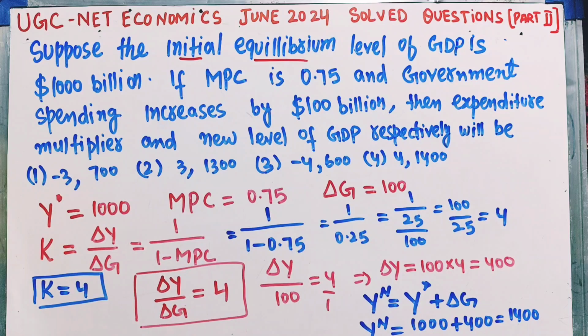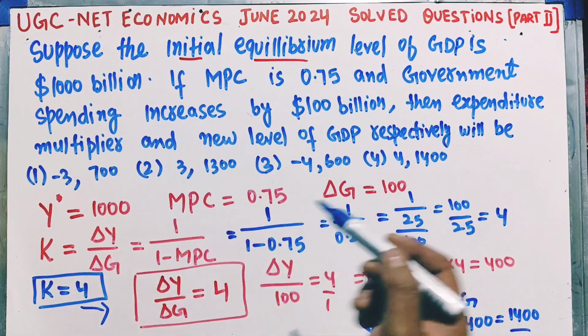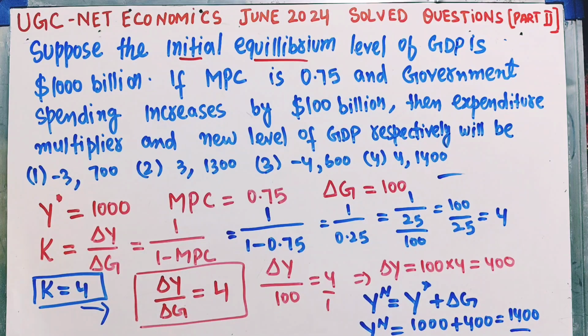So the correct option is the one with multiplier 4 and new level of GDP equal to 1,400. So 4 and 1,400, that is the fourth option, will be the correct one.